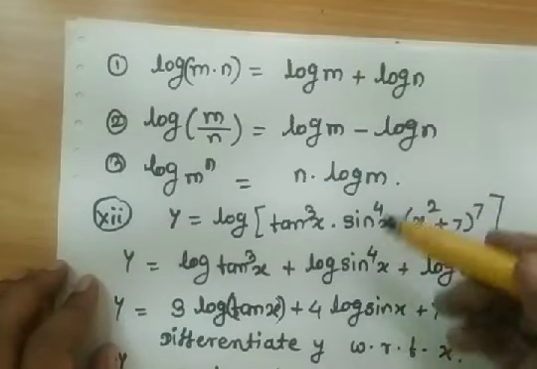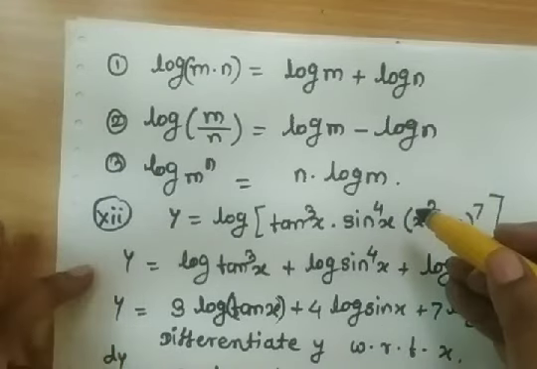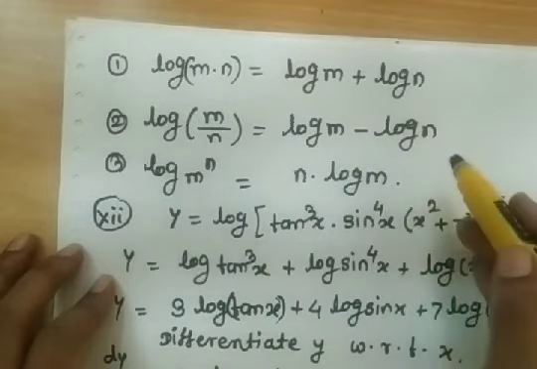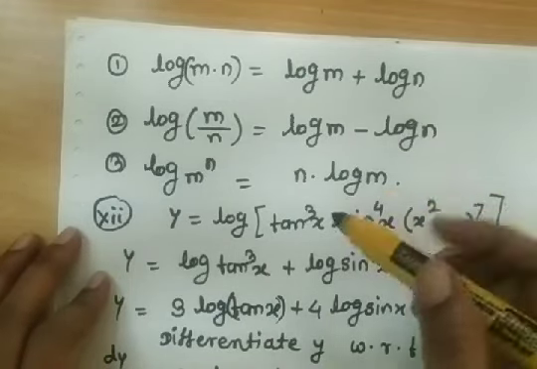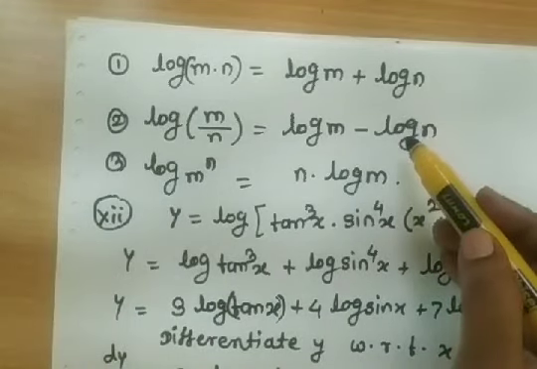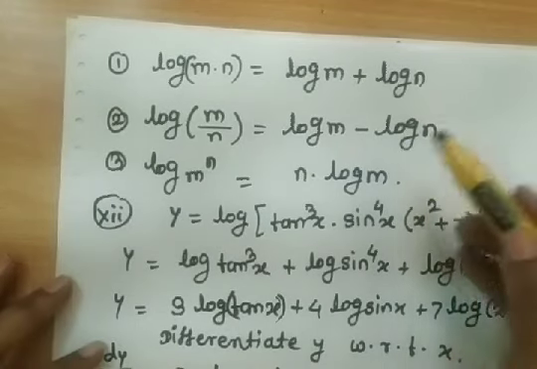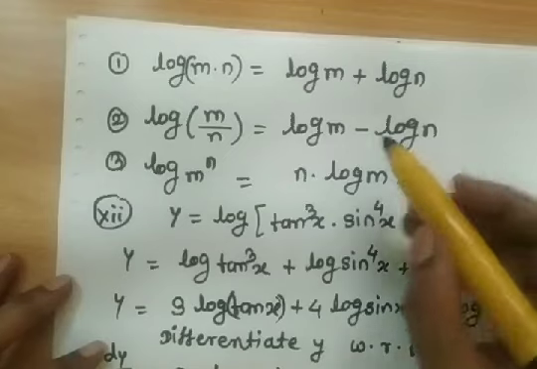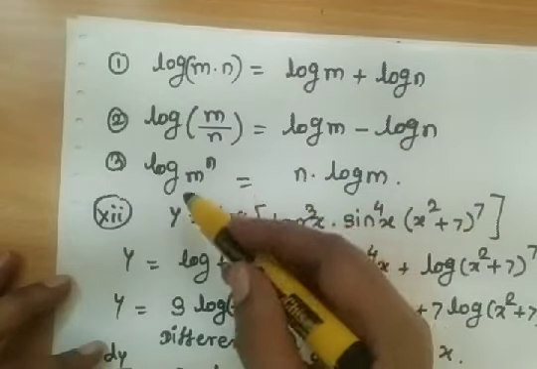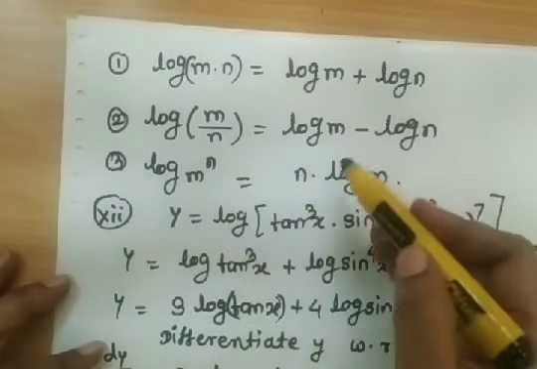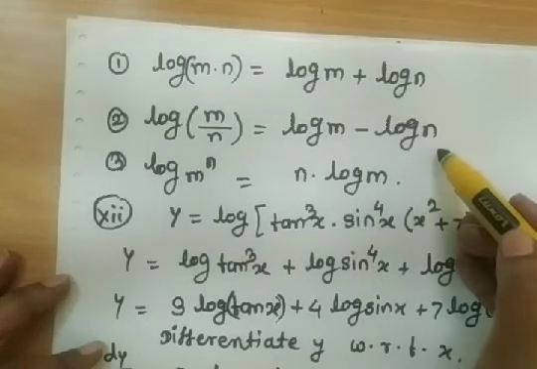We need the laws of the logarithms for the 12th example. Therefore I first explain to you what the laws of the logarithm are. These are the basic laws of the logarithms. Therefore log of m by n is equal to log of m minus log of n.